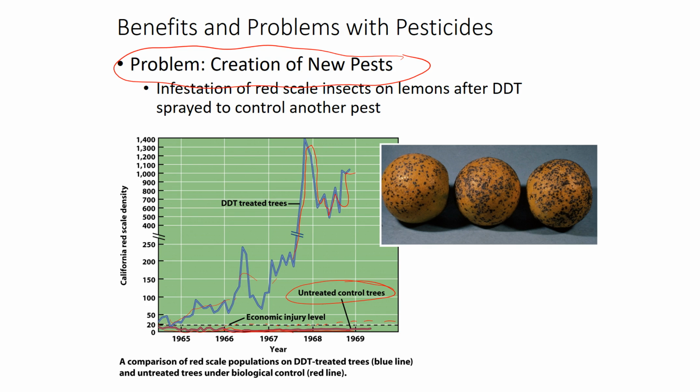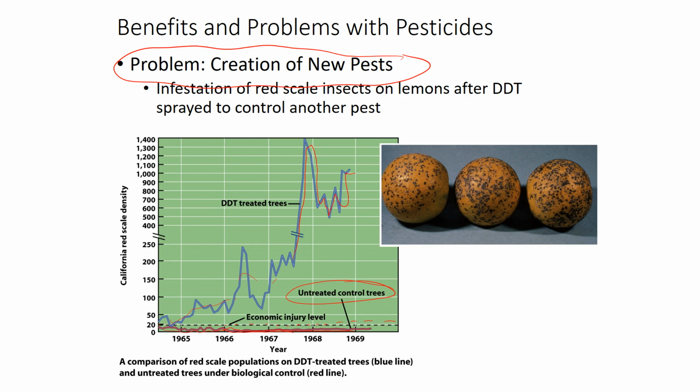All right. And in doing so, this was twofold. So we saw the breeding of this DDT resistant red scale insect, but we didn't see an associated increase in the predator population. And therefore these DDT resistant insects were able to populate with essentially no control from predators, etc.